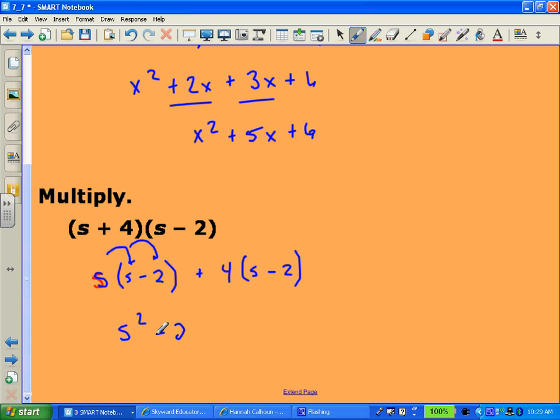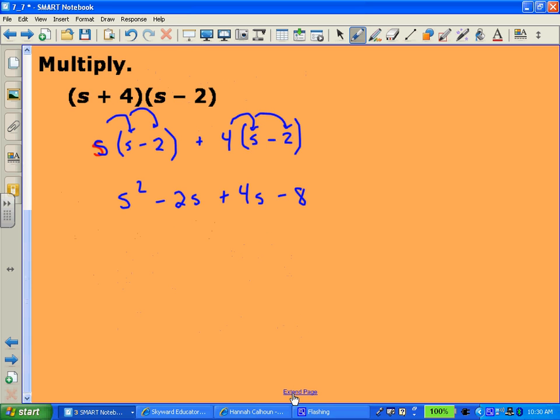So s times s is s squared minus 2s, and 4s minus 8. And then I combine my like terms. Negative 2 plus 4 is 2. So I get s squared plus 2s minus 8.